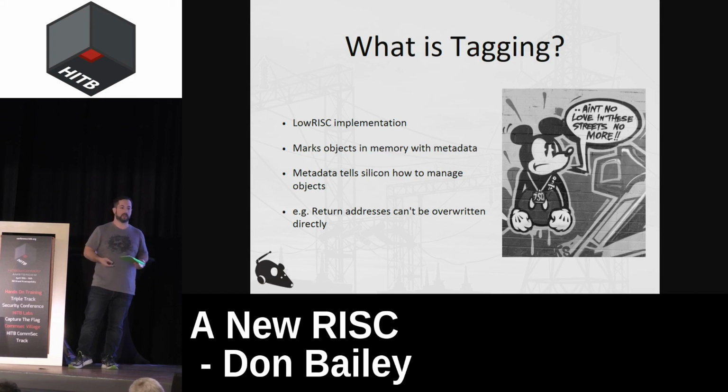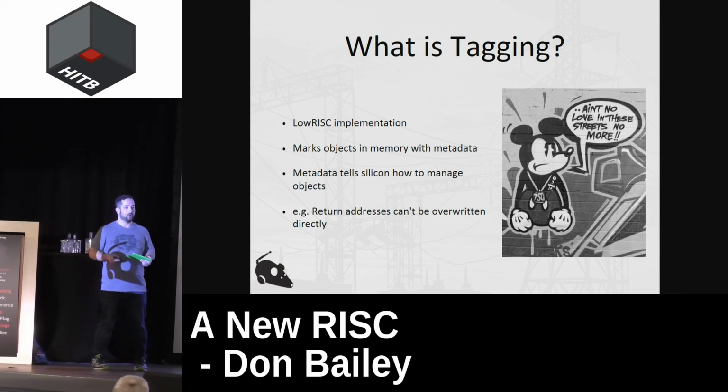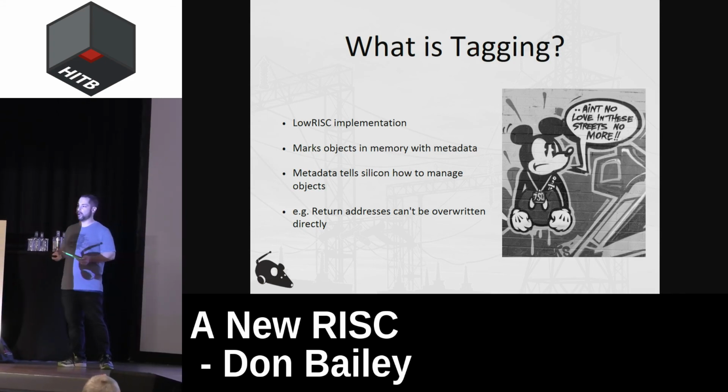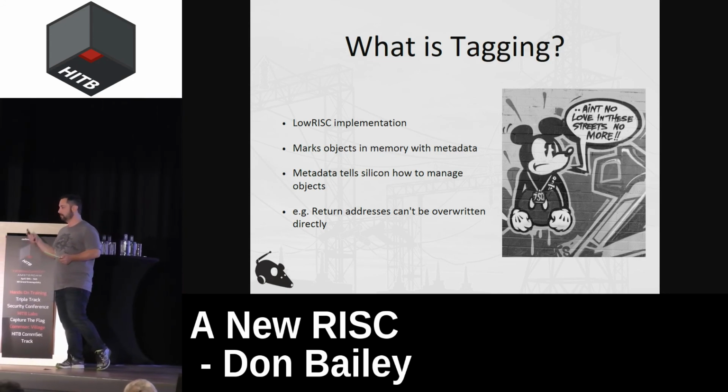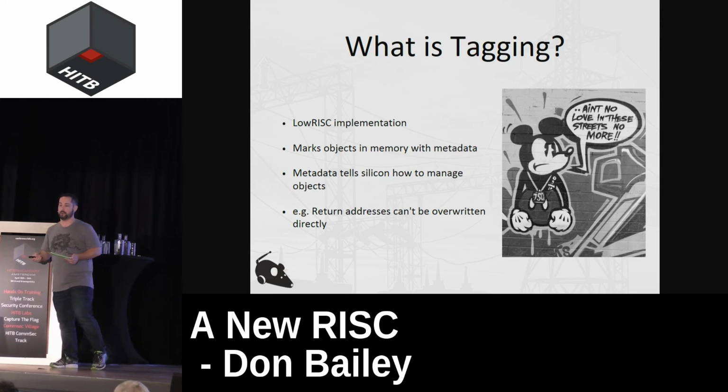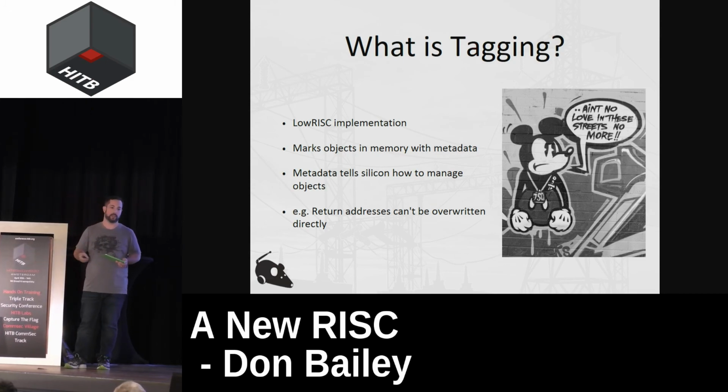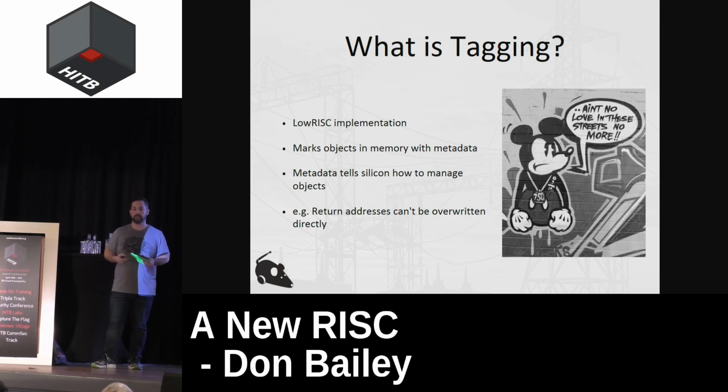So when you have these kinds of things, it really significantly limits the amount of work that you have to do from a security perspective to disallow any types of buffer overflow attacks or heap attacks or things of that nature. Basically, any attack that would overwrite a return address in that structure would be disabled.